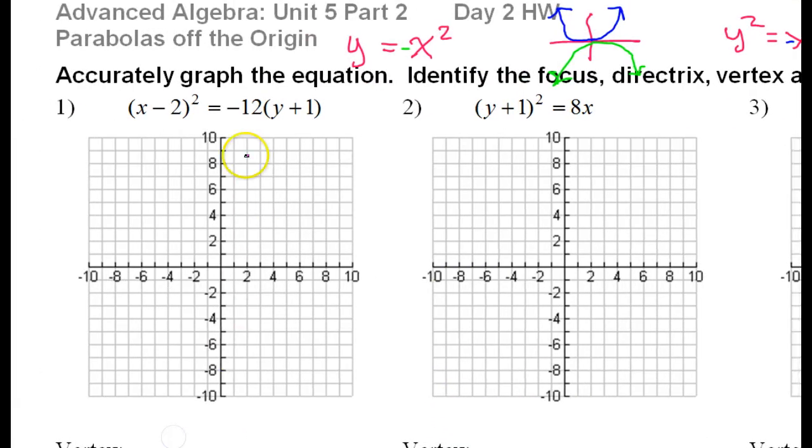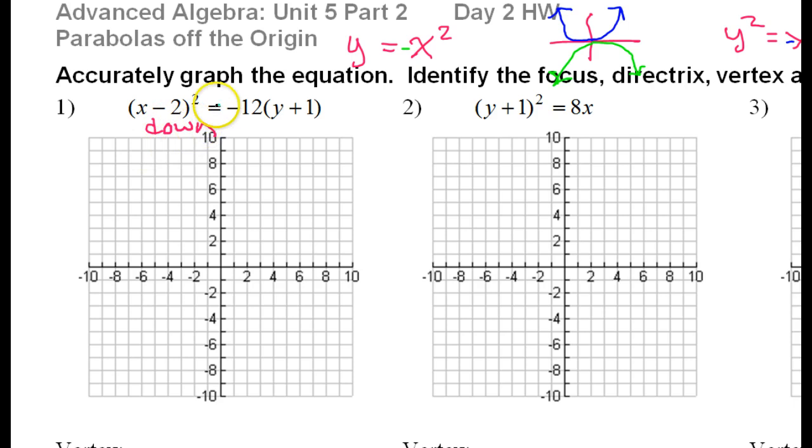So look at problem number 1. The first thing you have to decide is whether it's up, down, left, or right. What do you think? I'm hoping that you said down. This one is going to be down, and let's go ahead and write that down.